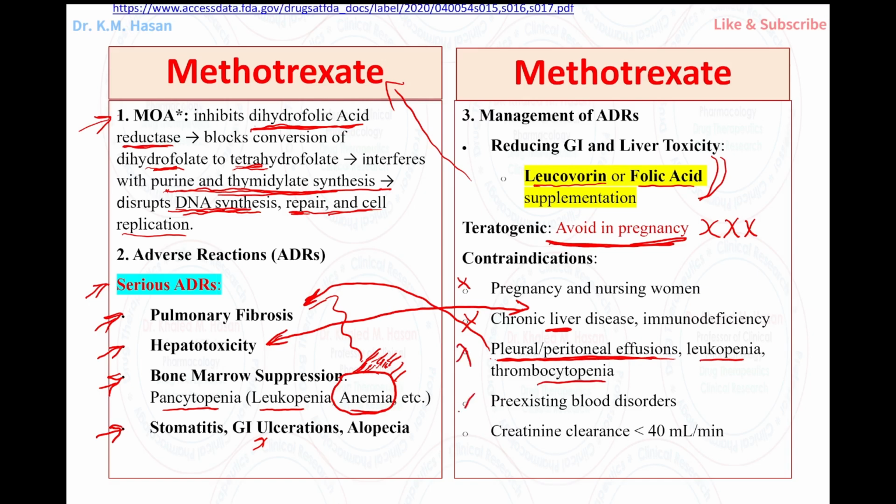If the patients have a blood disorder, if the patients have creatinine clearance less than 40 milliliters per minute, we don't recommend to use methotrexate. So all these are contraindications, cautions, warnings for the patient. Our repeated list should be: number one, pregnancy and lactation, liver disease, creatinine clearance less than 40, blood disorder, thrombocytopenia, leukopenia, pulmonary disease, liver disease, immunodeficiency.